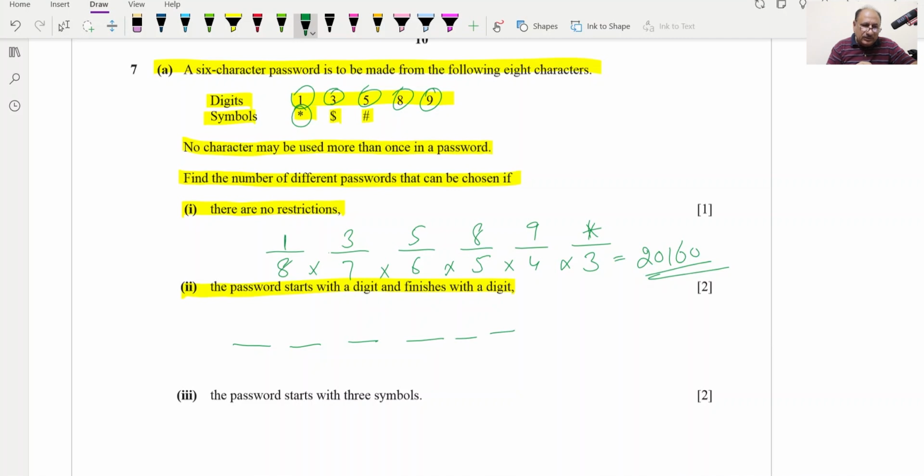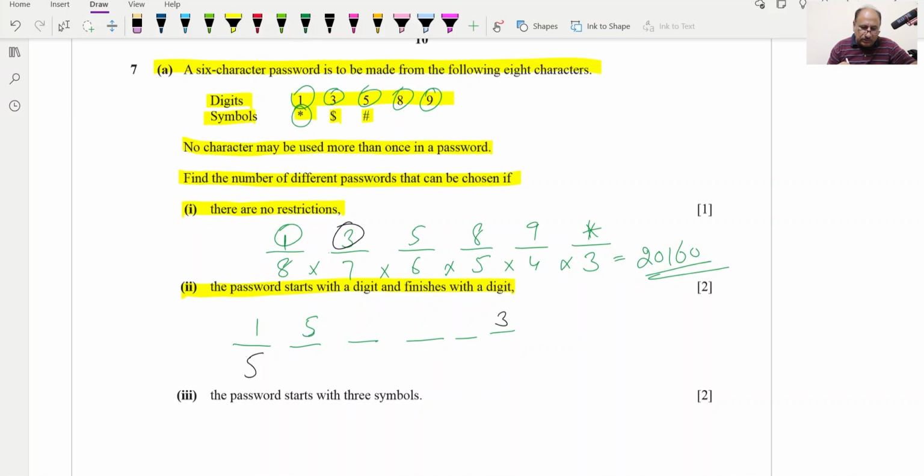The first digit is, say, 1, so it will have 5 options because there are 5 digits, so we write 5 here.